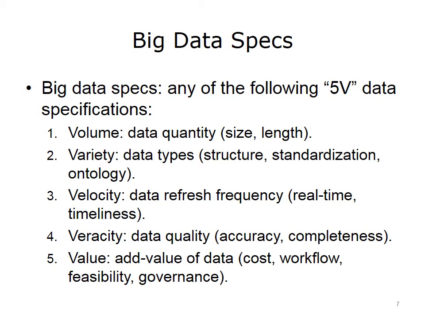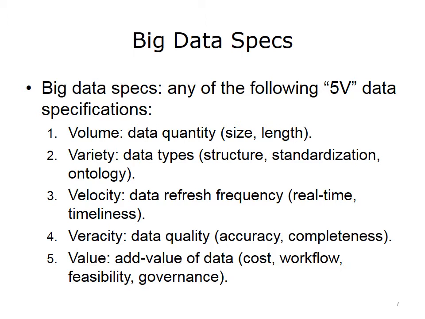Big data is often defined as having at least one of the following specifications: a higher than usual volume of data. This is also referred to as the data quantity, size, or length. A large variety of data types or data sources that bring along new data structures, standardizations, or vocabularies that are uncommon to population health.